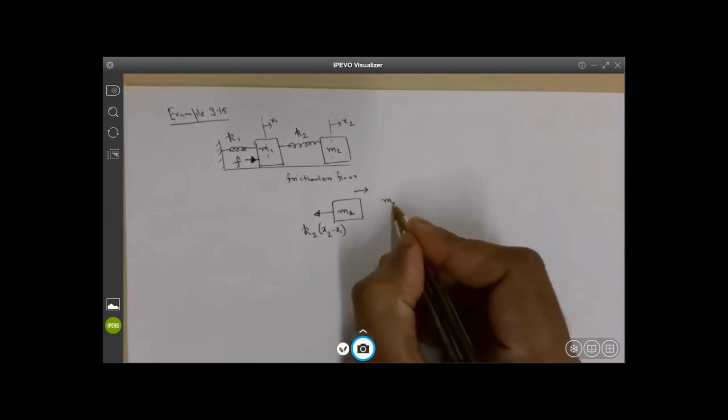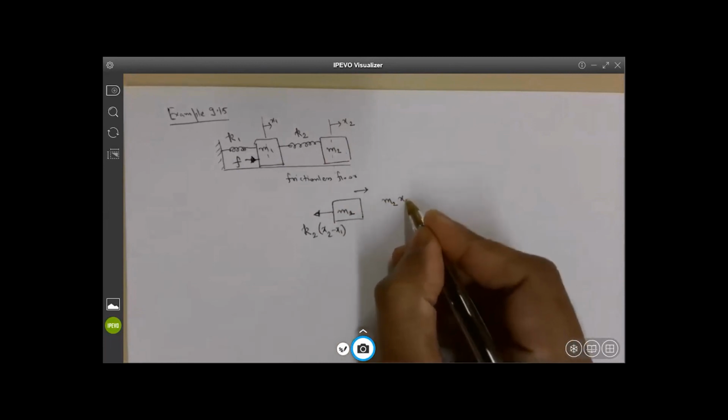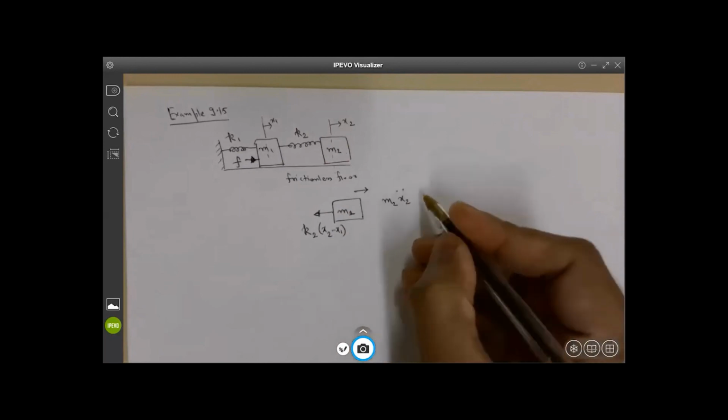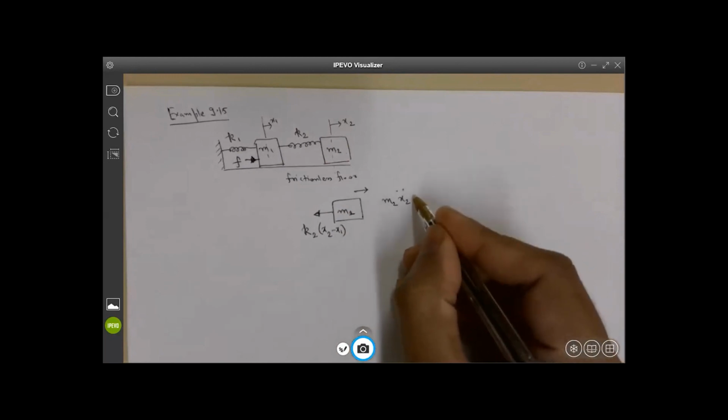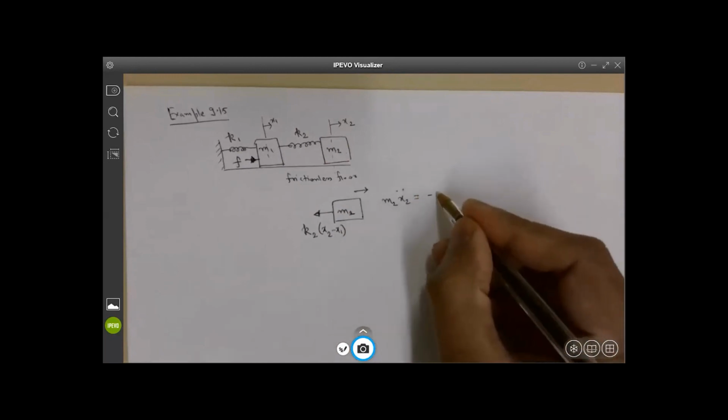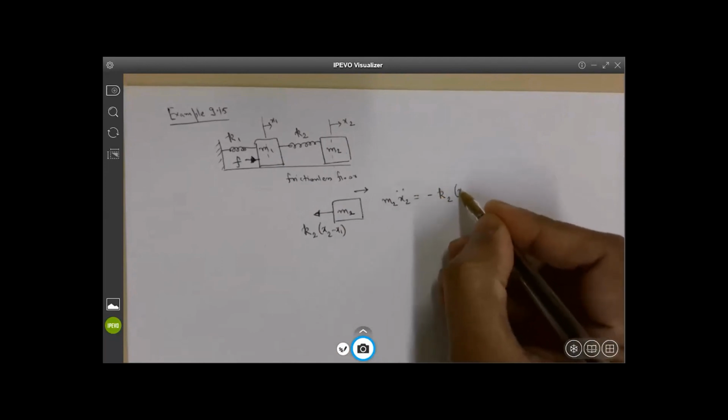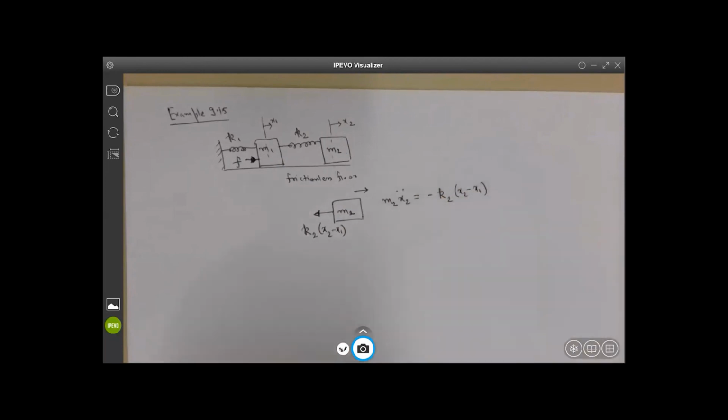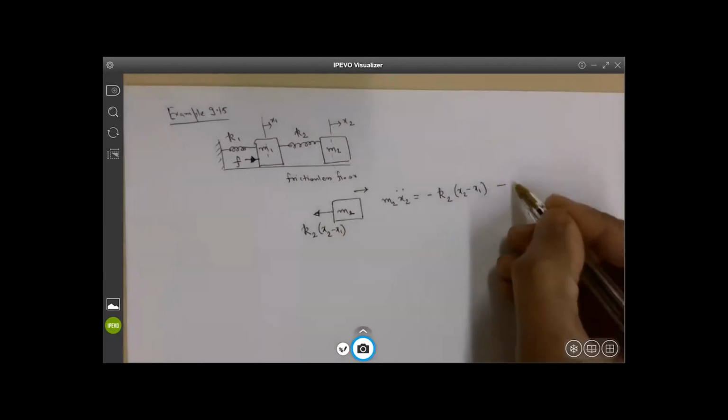So m2 times acceleration equals the force being experienced, and the force is in the negative direction. We write this as our first equation of motion.